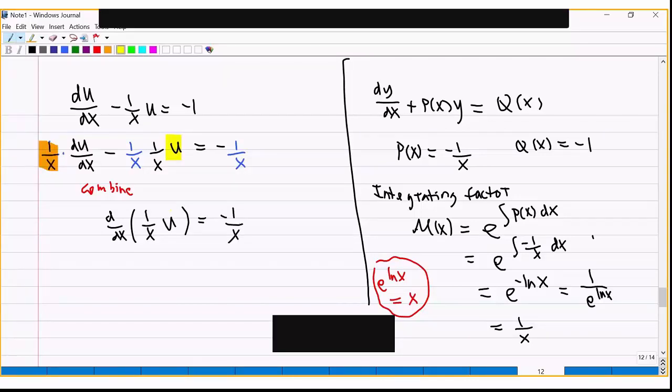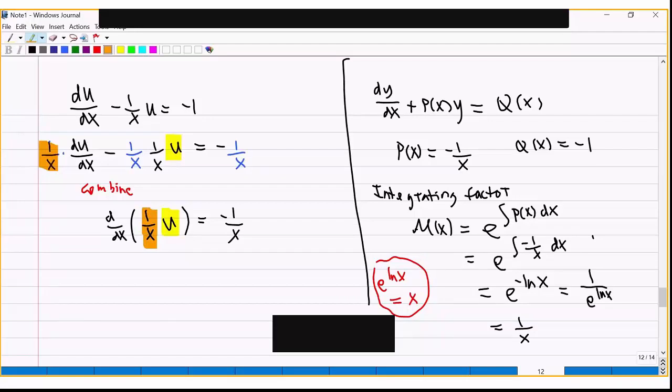You can check that this actually works. The equation on top is just obtained by differentiating the bottom using the product rule: keep the first term, differentiate the second term, then keep the second term, differentiate the first term. You get back exactly the equation on top.